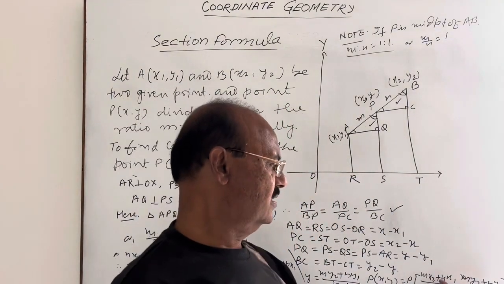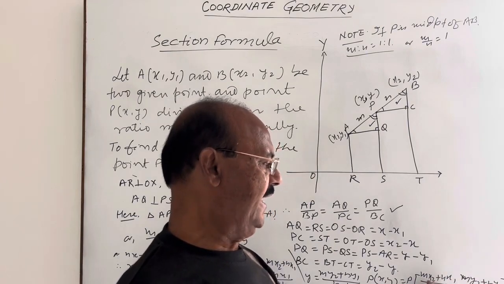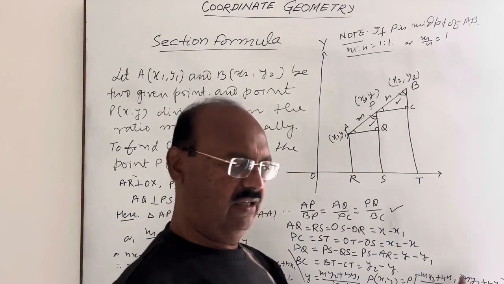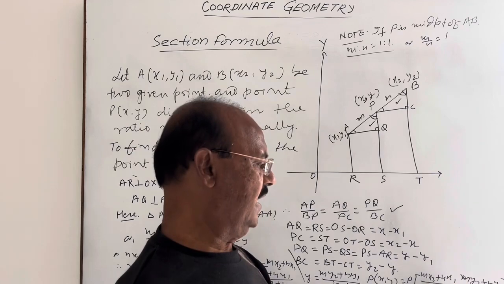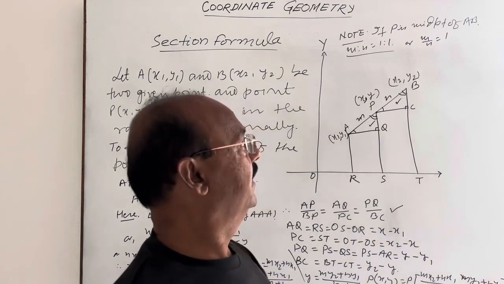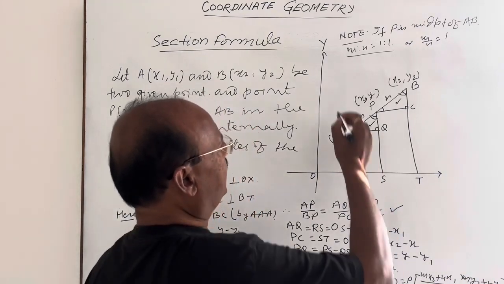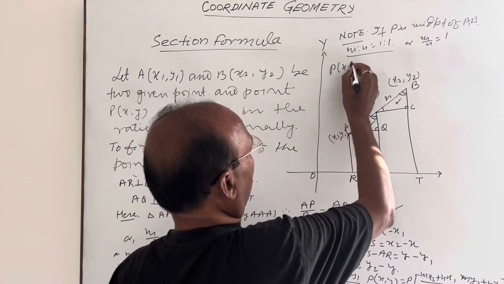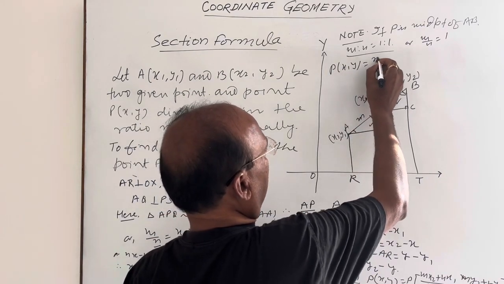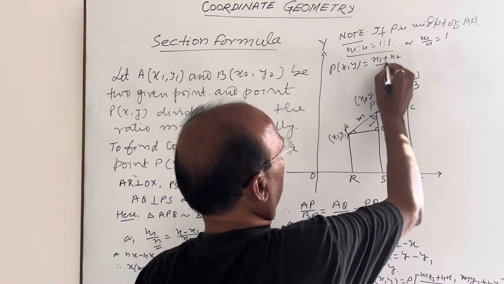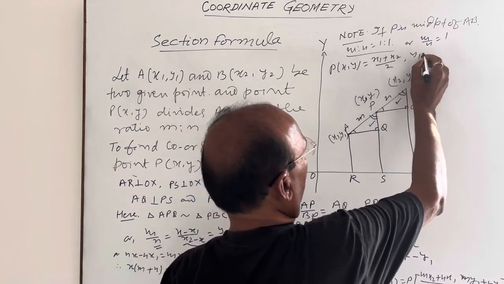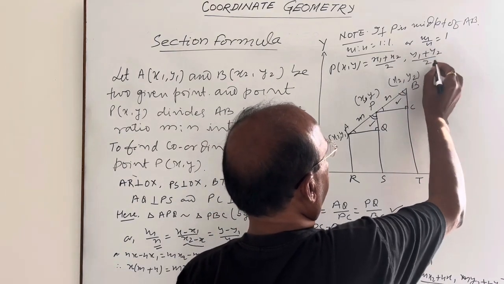So here in this result, if you divide numerator and denominator by n and you put m by n is equal to 1, then we will get simply P(x, y) is equal to (x1 plus x2) divided by 2 and (y1 plus y2) divided by 2.